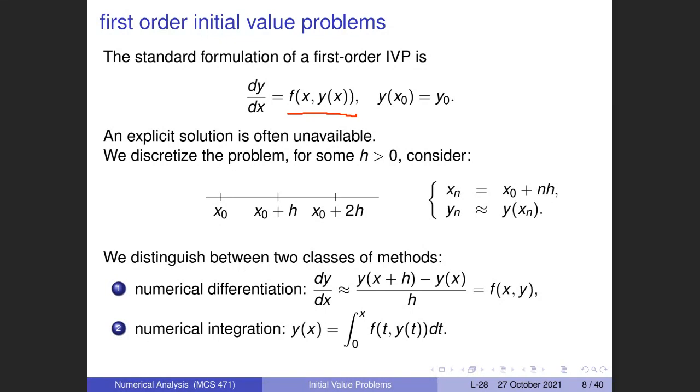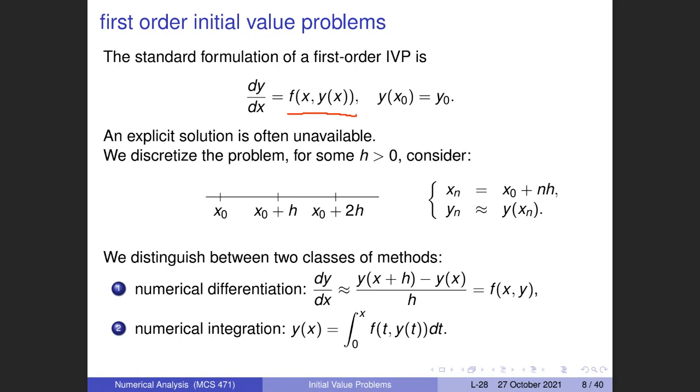Give a function on the right-hand side, and then give an initial point, an x naught and a y naught. The main point of numerical analysis is often that it will always give some answer. It may not be an explicit solution like in the previous exercise, but it will always give an answer.